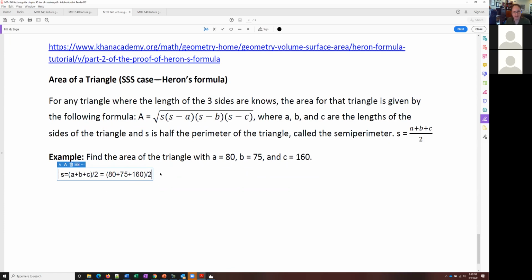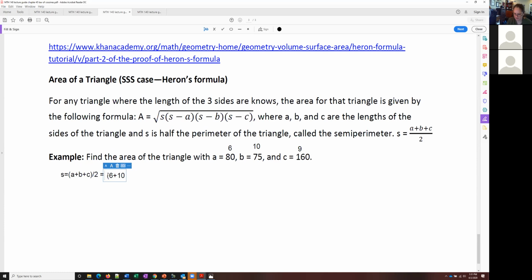I wanted to change those numbers, because these numbers don't work. So I've changed A to be 6, B is 10, and C is 9. Okay, so those are the numbers that we're going to use. A is 6, B is 10, and C is 9. The numbers that were given there don't actually form a triangle, so I went with numbers that did form a triangle.